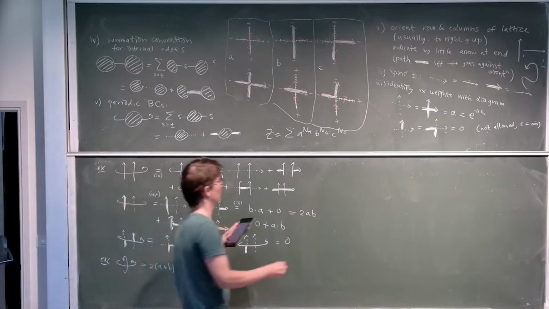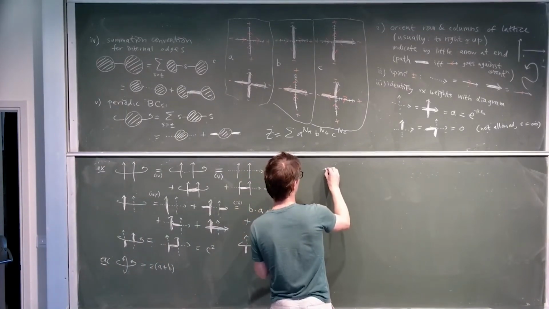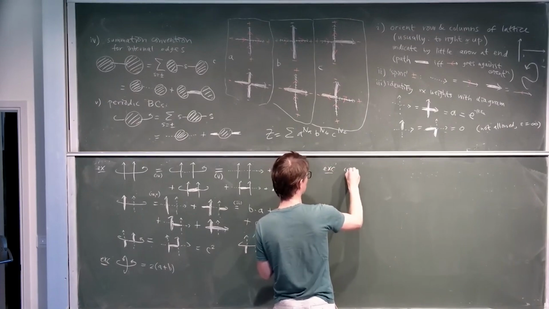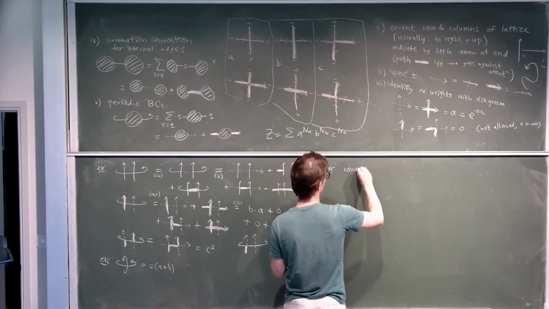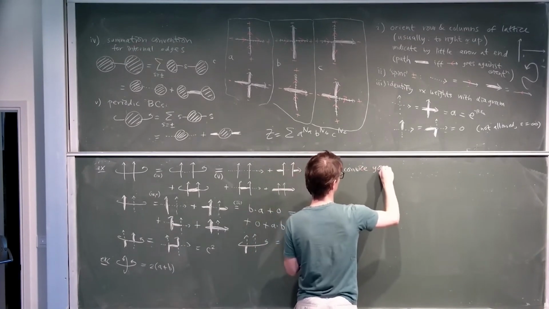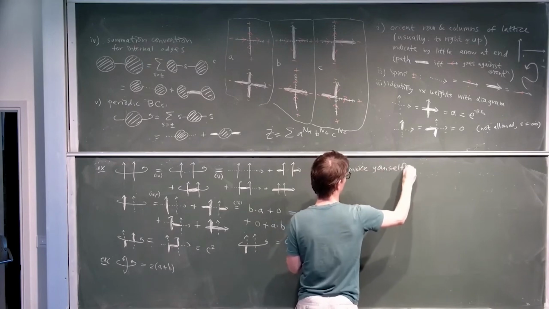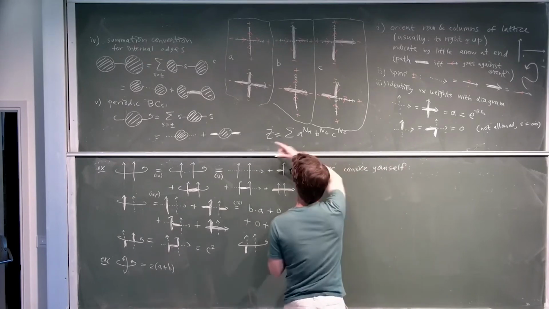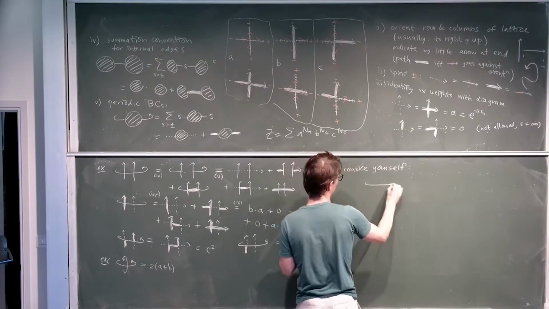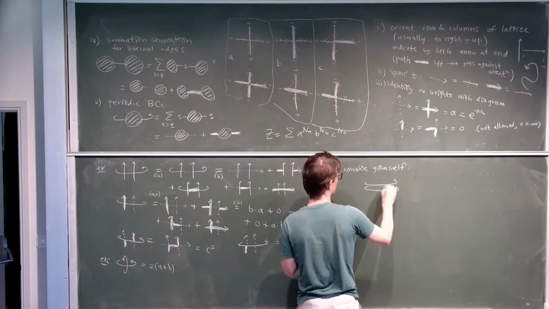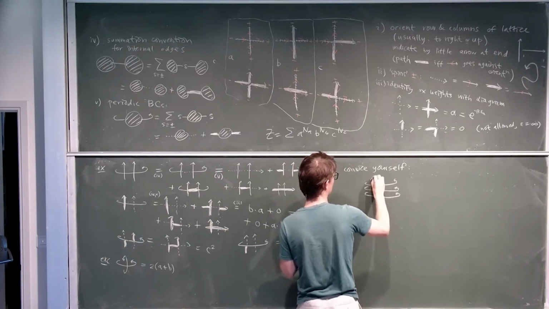Thinking about this a little bit more carefully, another exercise is to convince yourself that if I draw the whole lattice like what I just erased, with let's say 3 horizontal lines periodically like this, and then maybe 4 vertical lines.